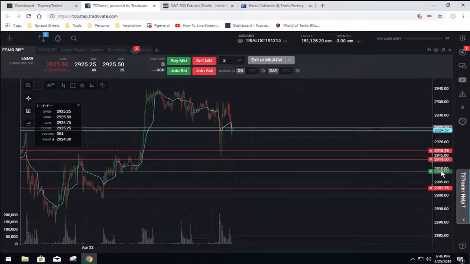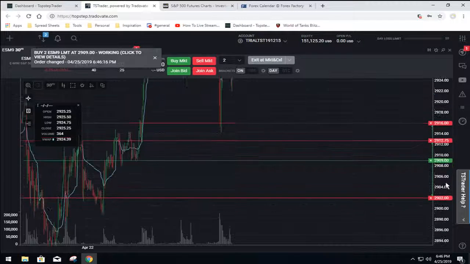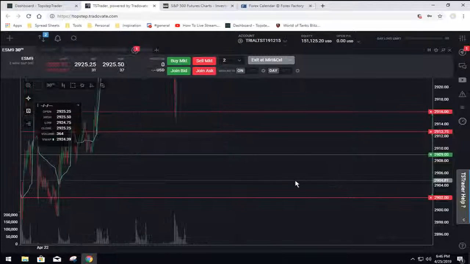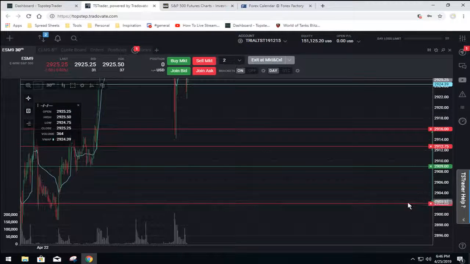So my trade will be buy limit 2909. Now it is easily movable, so you see the trade set up in a particular way. Now this wouldn't be hard and fast. Your trailing stop would move separately from your hard stop.